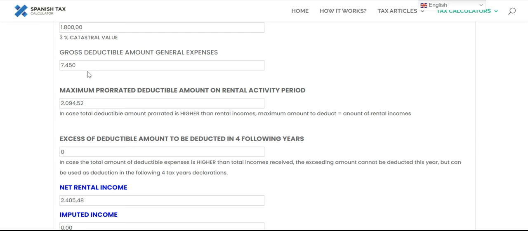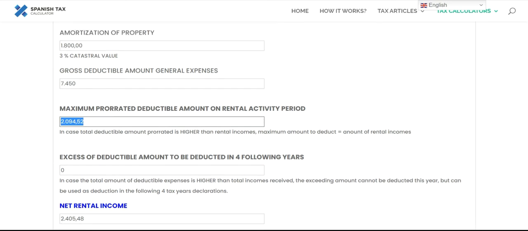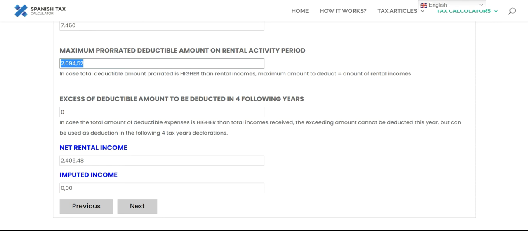So then we get, this is the gross deductible amount from all these expenses, and the prorated one for the 100 days that the property has been rented is 2,094 euros, which can be deducted from the base of the tax, from the incomes that you receive from the rent of the property. Taking this into account, then the net rental income that it will be considered for the taxes in Spain will be that one.